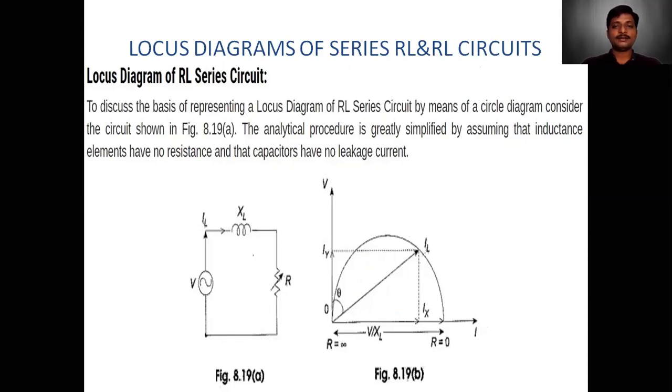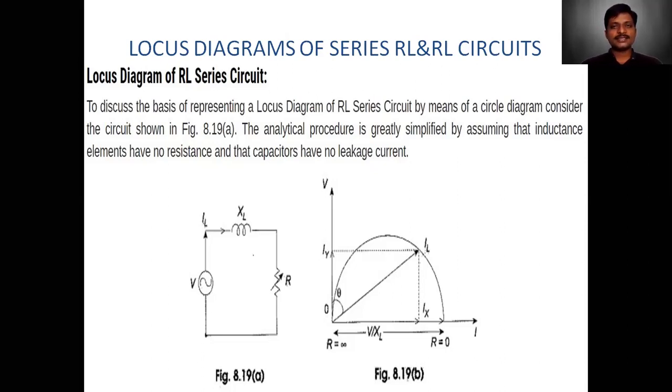So when you take an RL circuit and you fix the inductance, and vary the resistance, if the resistance is zero, voltage and current in the circuit will be 90 degrees apart, which means voltage leads current, or current lags behind voltage by 90 degrees, because this is an inductive circuit.